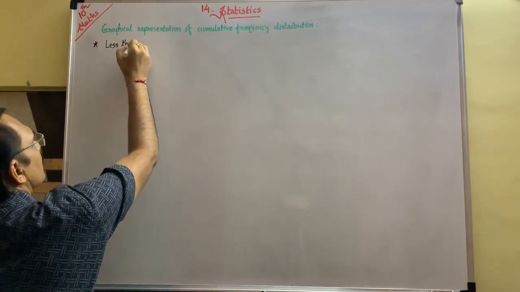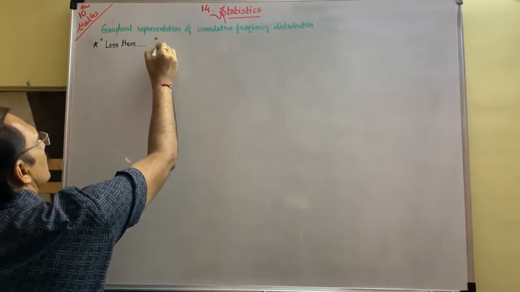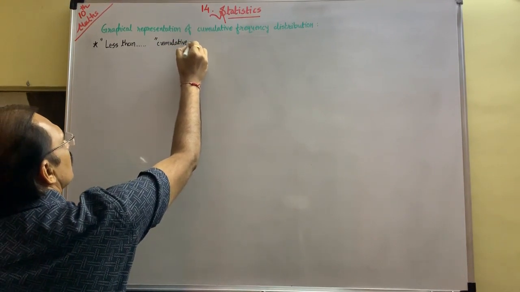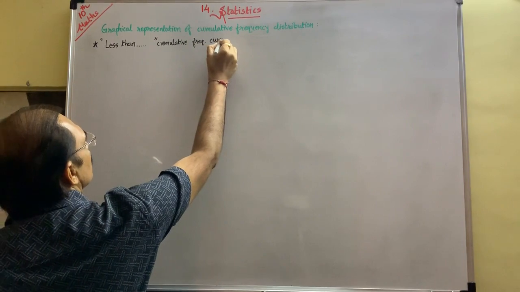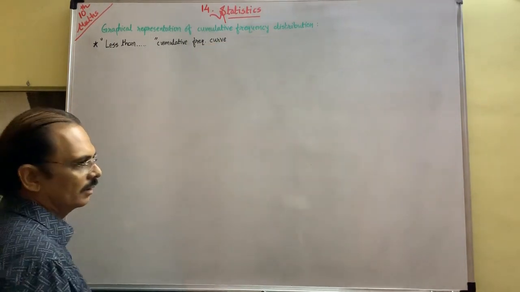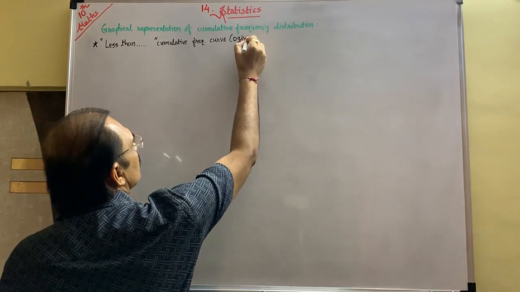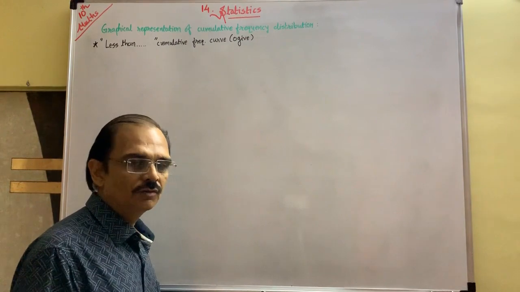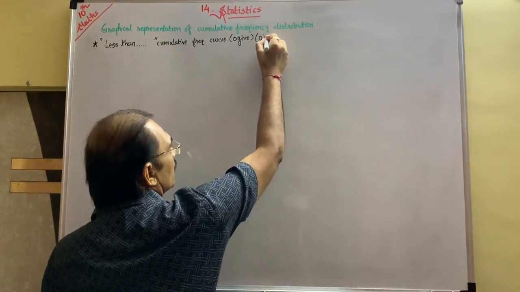Less than something cumulative frequency curve. It is known as cumulative frequency curve, or it is also known as ogive. Remember, pronunciation is ogive because the real word is OJEEV.